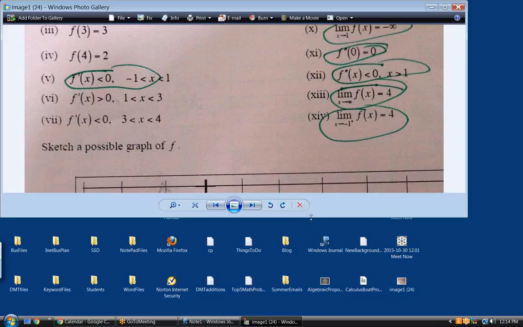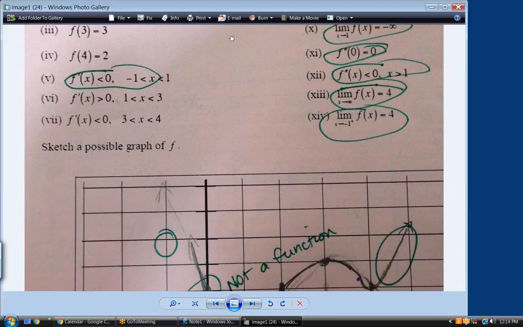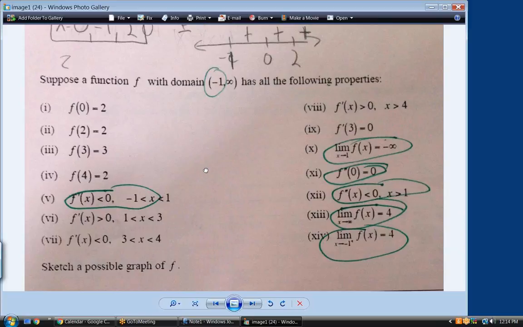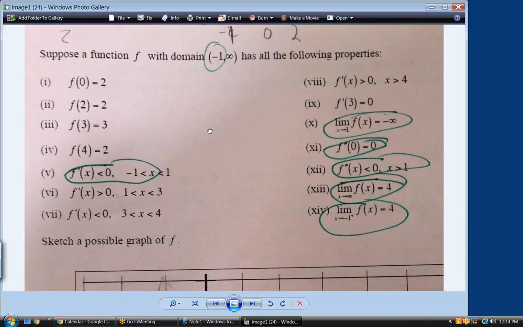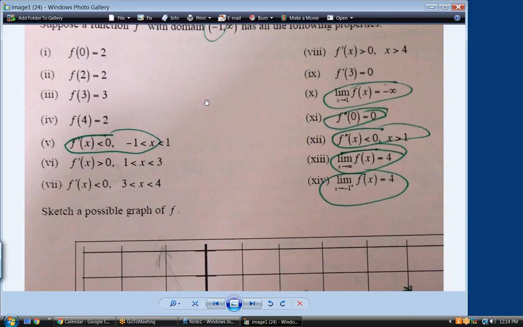Sketch a possible graph. Yeah, that was the domain of the first derivative. Well, it's not really the domain. It's saying the first derivative is less than 0 between -1 and 1.